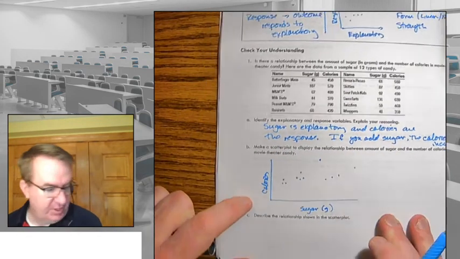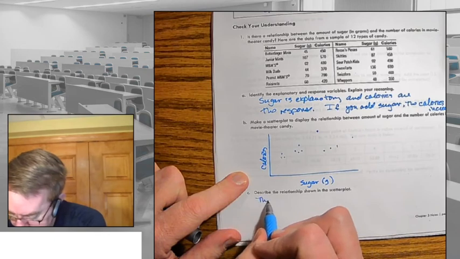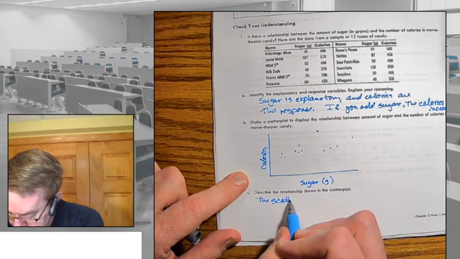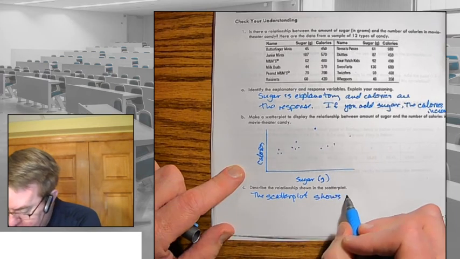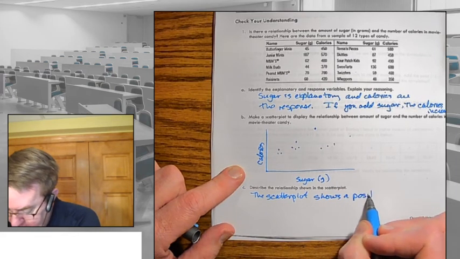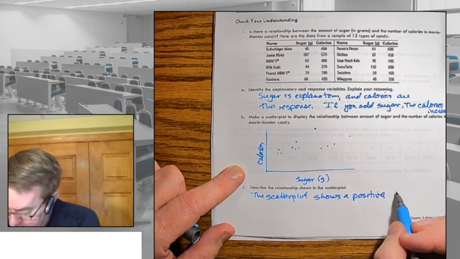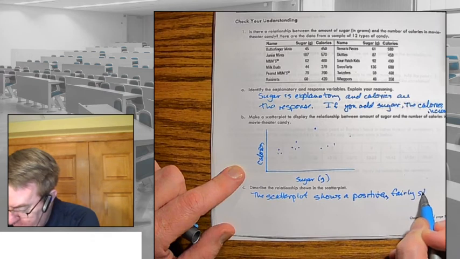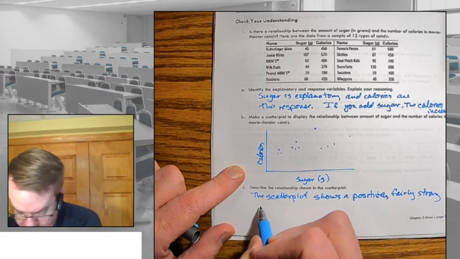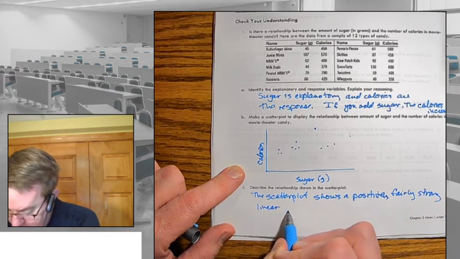So here, the scatter plot. So it shows you positive. Fairly strong linear relationship, or linear pattern.